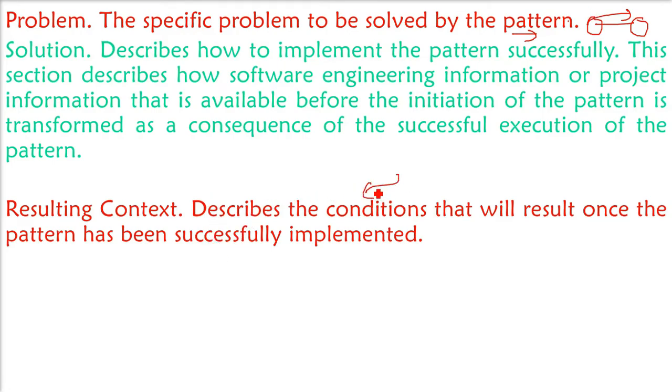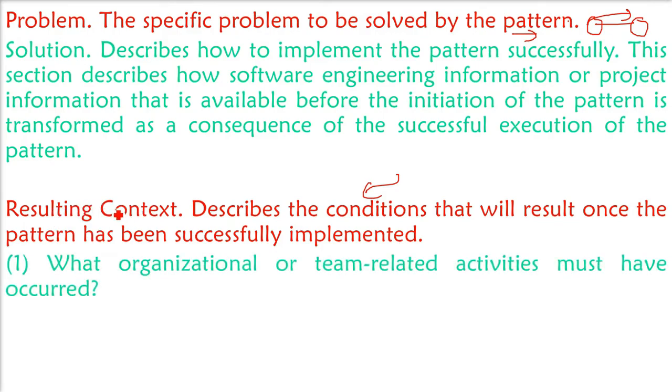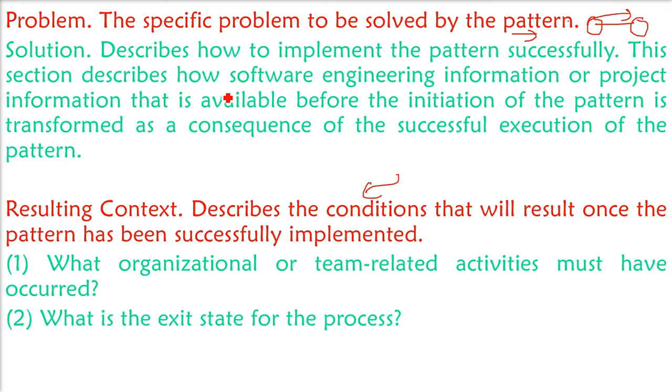And what is the result? Resulting context. This describes the condition that will result once the pattern has been successfully implemented. You apply the pattern, what will come out? So what will be the question asked here for the resulting context? Let me give you an example. What organizational or team related activities must have occurred?